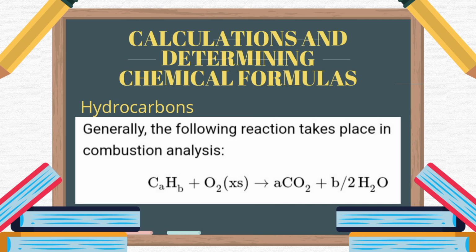As you can remember from the previous slide, I mentioned that combustion analysis is a method in determining the chemical formula of a certain compound. So if you add carbon and oxygen, the product is carbon dioxide, and when molecular hydrogen and oxygen are combined and allowed to react together, energy is released and the molecules of hydrogen and oxygen can combine to form water or hydrogen peroxide.